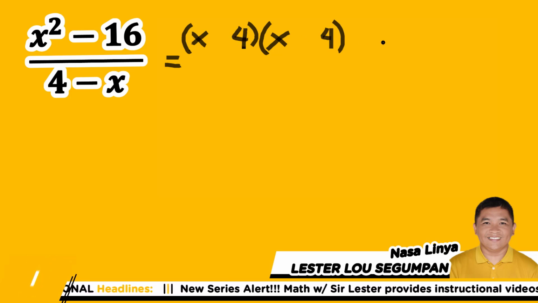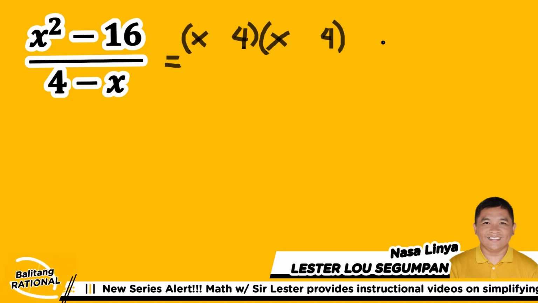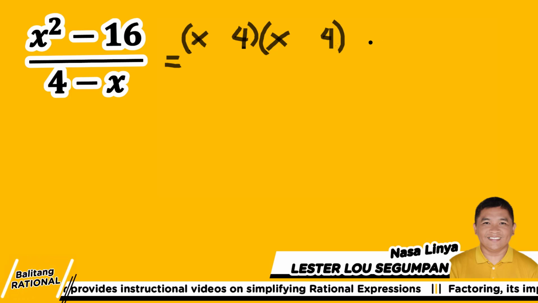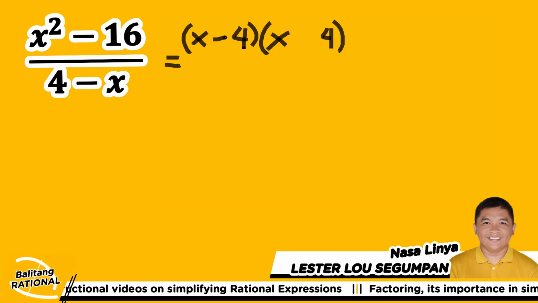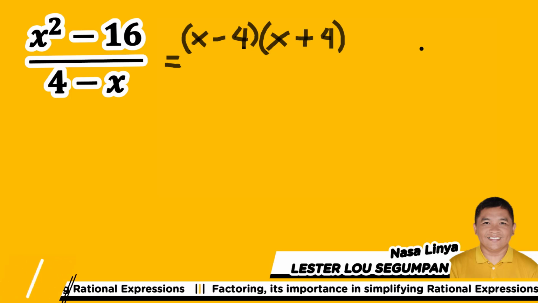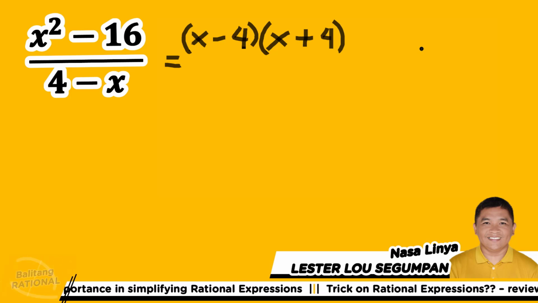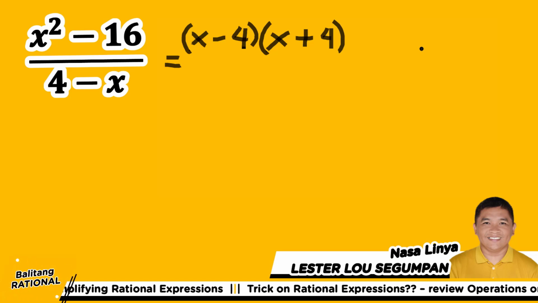Now, if it's the difference of two squares factoring, we have the same first terms and same second terms or last terms sa ating mga binomial, and yung operation that's separating them are of opposite signs. In short, these are our factors po. Yung factor ng x squared minus 16 is the pair of binomial x minus 4 at saka x plus 4.